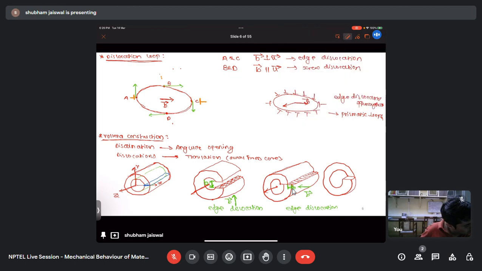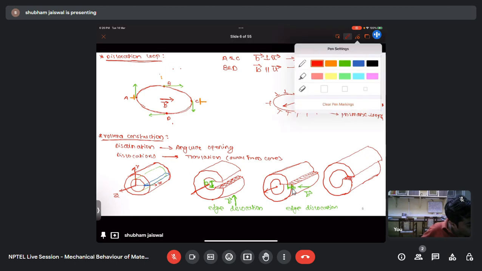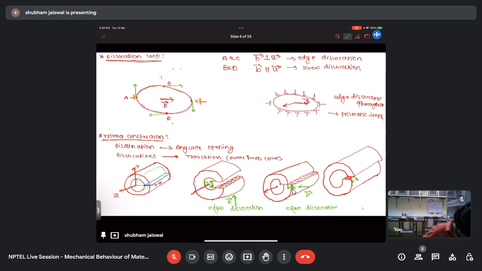So here, this much displacement has occurred, and this displacement is equivalent to b, and this is the direction of the Burgers vector, and this is the direction of the line vector.